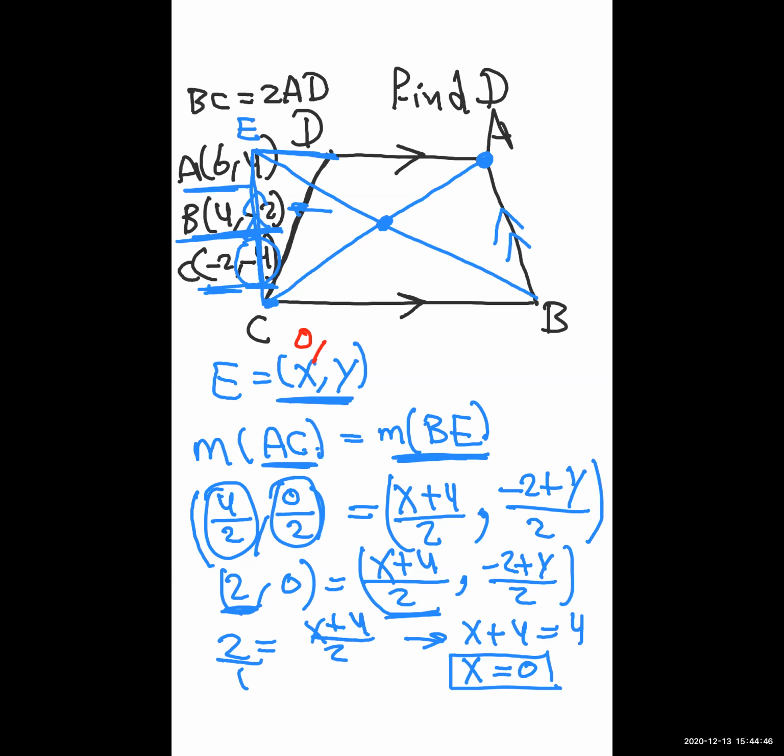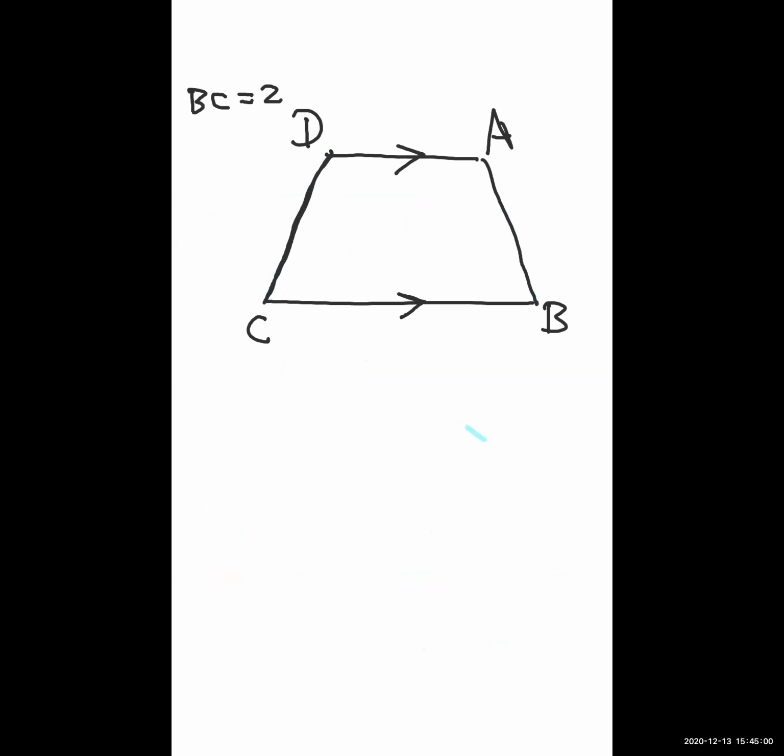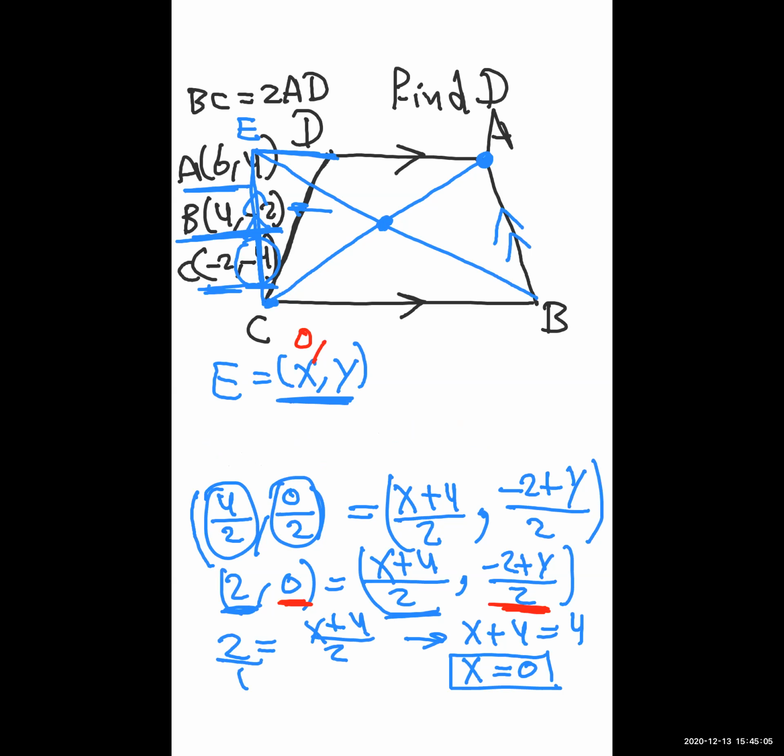Then the second will equal the second in the coordinates. So (negative 2 plus y) over 2 will equal 0.